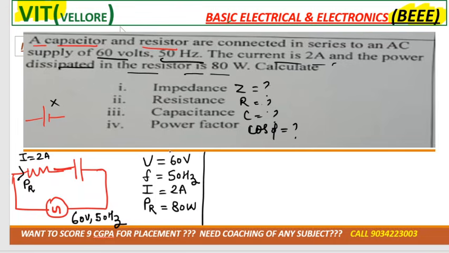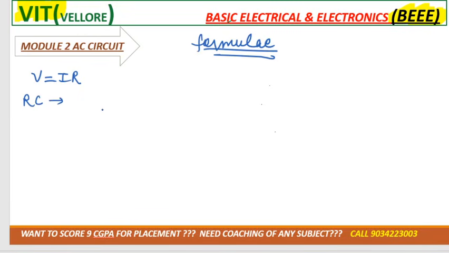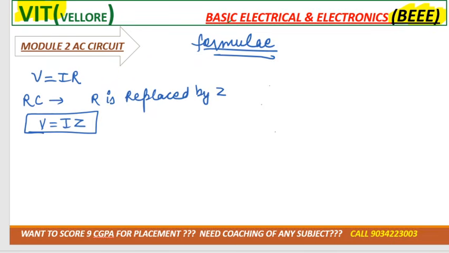Now write down the formulas as you know. V is equal to IR according to Ohm's law. But if there is a combination of RC, then R is replaced by impedance. So V is equal to I into Z. This is your new formula.